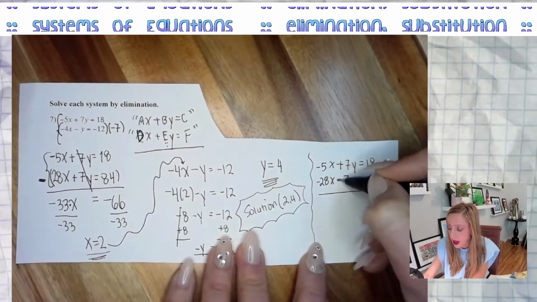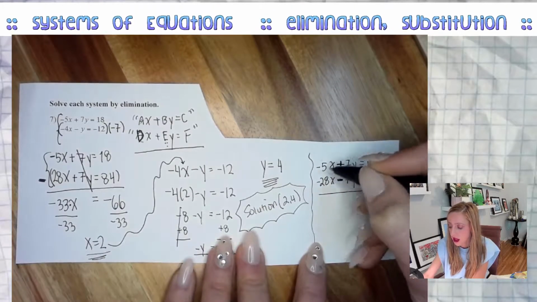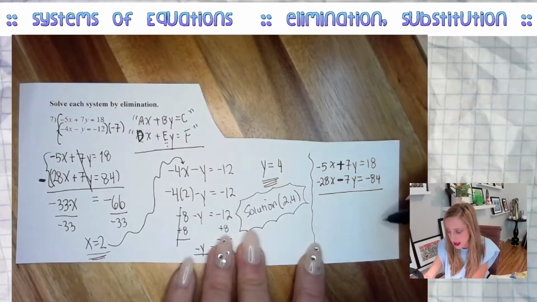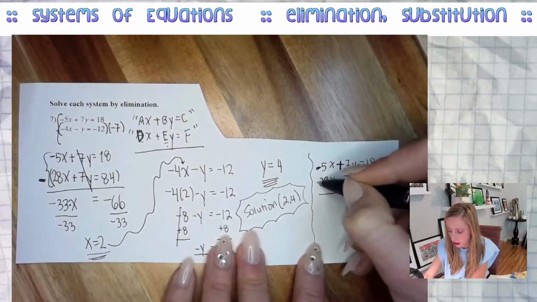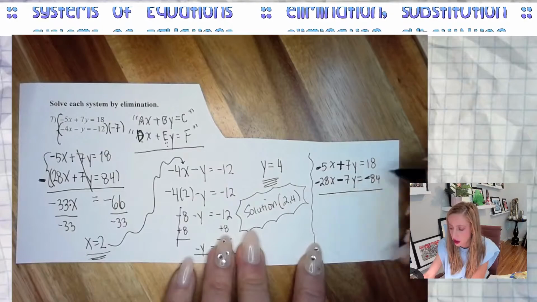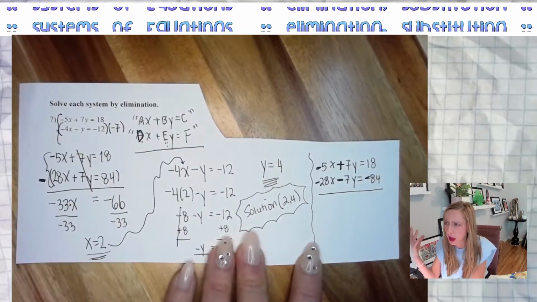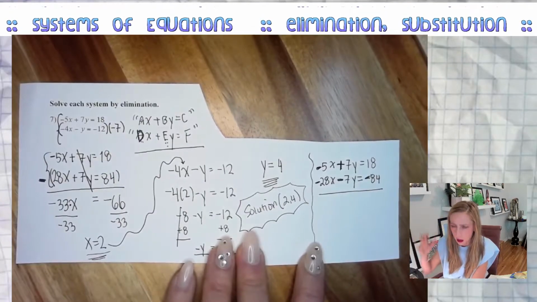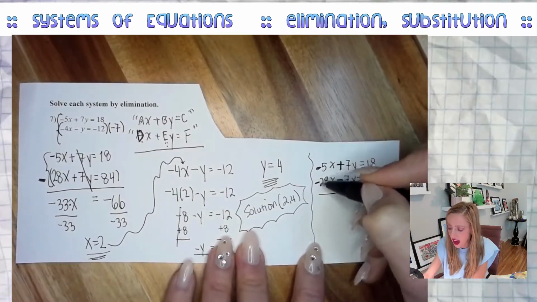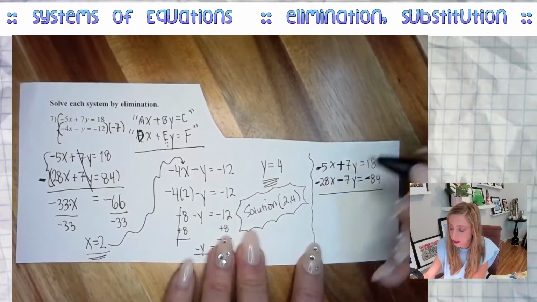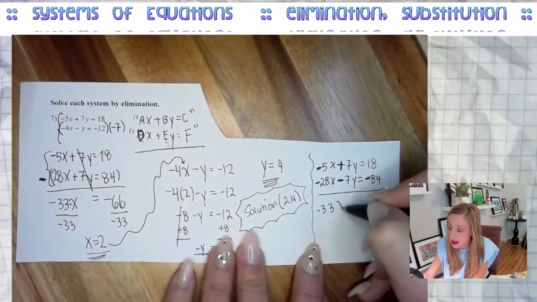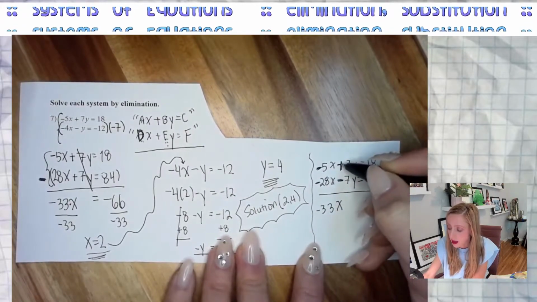Since they're already opposite signs, then you're just going to add straight down, but make sure you consider if things are positive or negative. So you'll just add straight down. What works better for you? Which way do you like to interpret things better? Now follow this all the way through. Negative 5 plus negative 28 is negative 33. You get the same answer, okay?